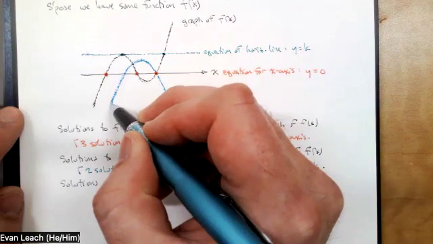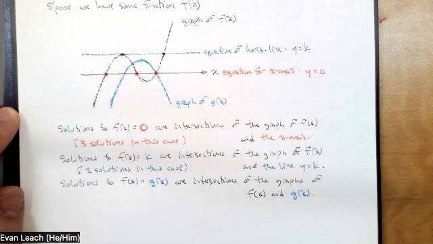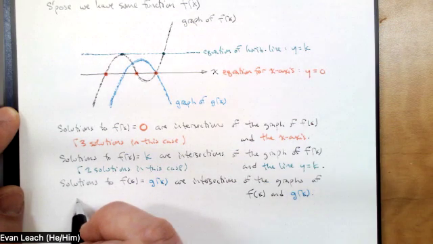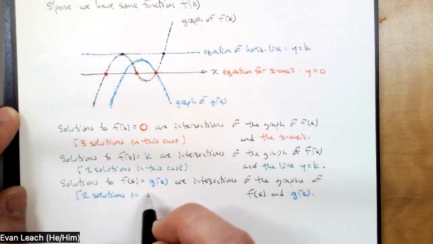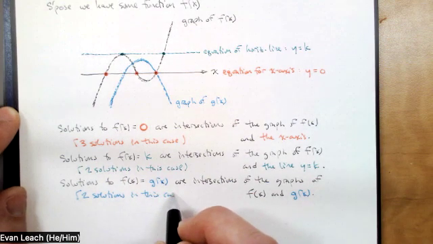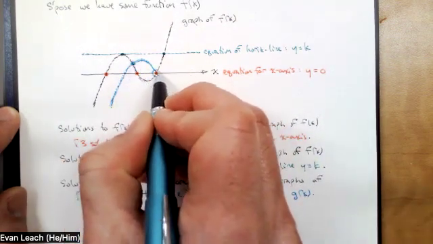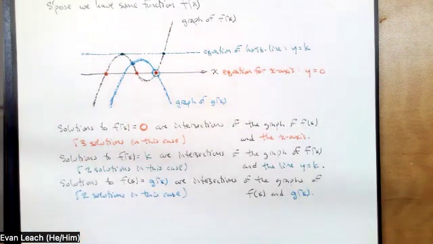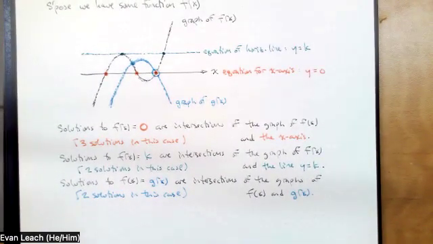Depending on what's going on where we can't see, we're looking for points of intersection between the 2 graphs, the graph of f of x and the graph of g of x. Two, unless there's something going on with these tails that we just can't see.